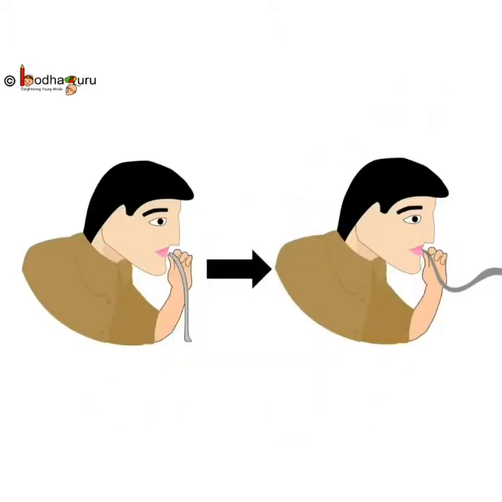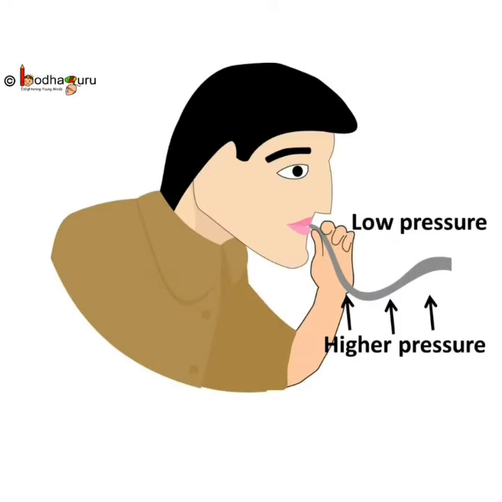Let's do another experiment. Hold a strip of paper between your thumb and forefinger. Now, blow hard over the paper. The paper will start lifting up. Why? When you blow air over the paper, the air molecules get carried away. Hence, the air becomes lighter, and we know lighter air gives lesser pressure.